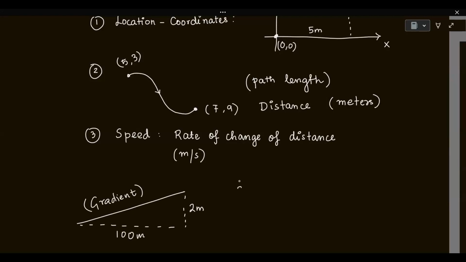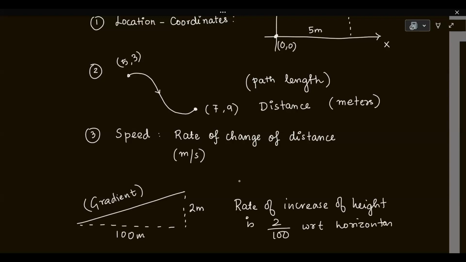You're going to say I'm going to rise 2 meters in height if I travel 100 meters in the horizontal direction. Would it be a good way to say that the rate of increase of height is 2 by 100 with respect to horizontal distance? Will it be a correct statement? Yes, it would.